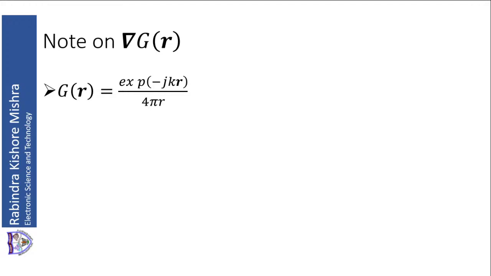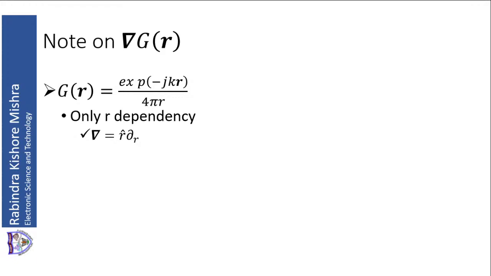GR is the Green's function. Green's function is of the form exponential minus jkr divided by 4 pi r. This we have already seen earlier when we discussed potential. If you look at this Green's function, it depends only on r.